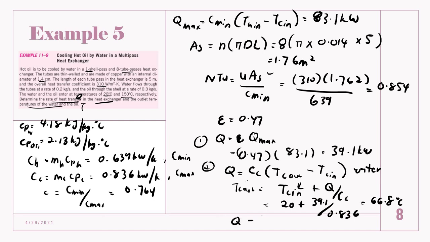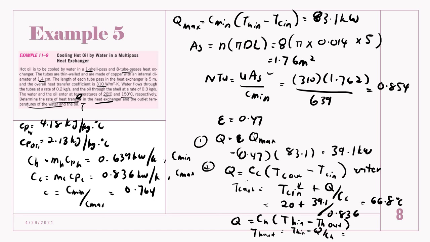But for the hot one, we use the difference in temperature TH in minus TH out, because the heat is transferred from high temperature to low temperature. So TH out is equal to TH in minus Q over CH.